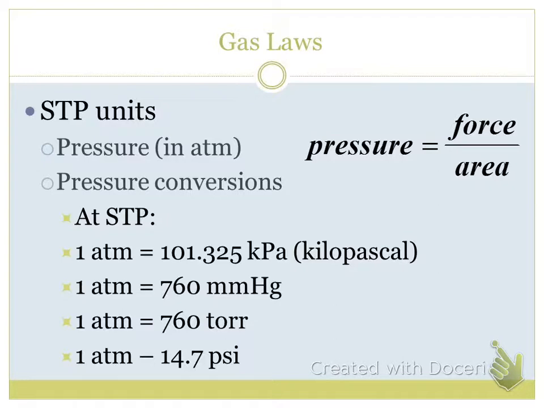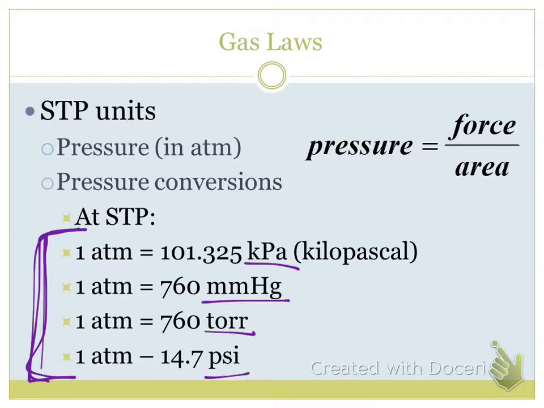So here are the conversions for pressure. You're going to need to know these. 1 ATM equals kPa, which is kilopascal. This is millimeters of mercury. This is called torr, and this is psi. A kilopascal is just another unit for pressure, and it's a pretty common one.